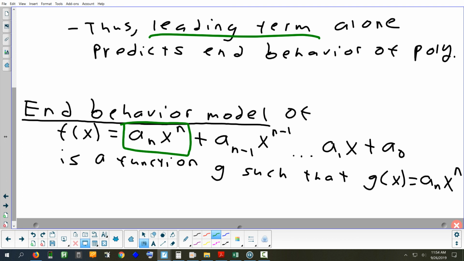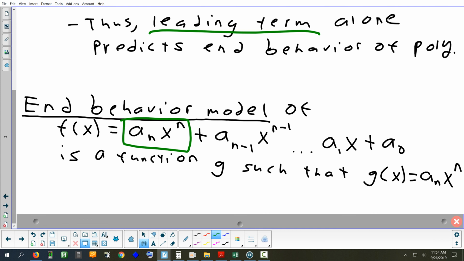You basically erase everything after the highest degree term, assuming it's in descending order, which I usually do: highest one first, and then it goes down from there. So g of x is called the EBM, end behavior model. Any questions on that? It's very easy to write an EBM. There's no math involved. You just take the highest term and erase everything else.